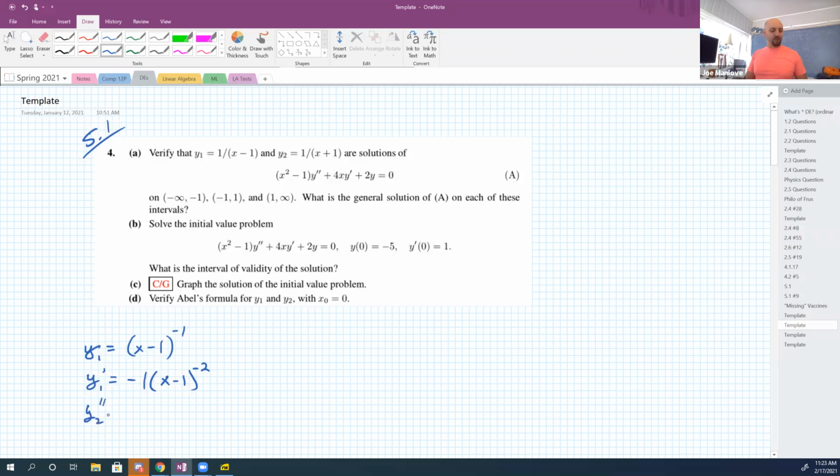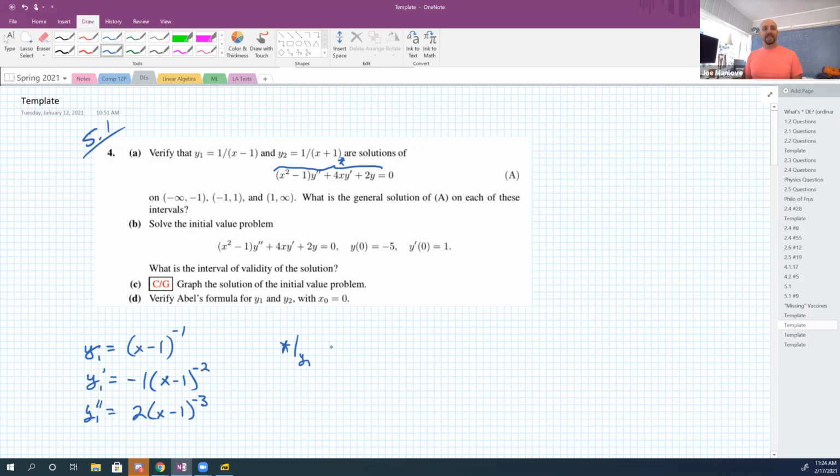Okay, so then, oops, not y2 double prime, but y1 double prime is going to give me 2 times x minus 1 to the minus 3. And then I need to check and see if this thing works. So I'm going to take my differential equation here. It's really going to be this part. So I'm going to take star and evaluate at y1.